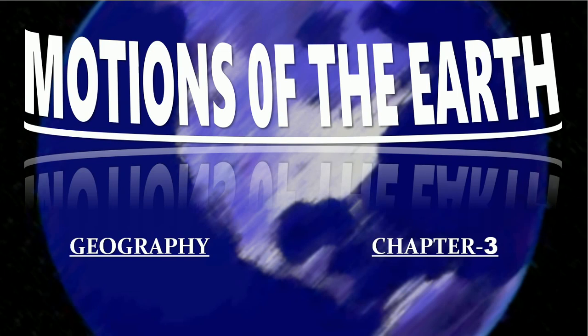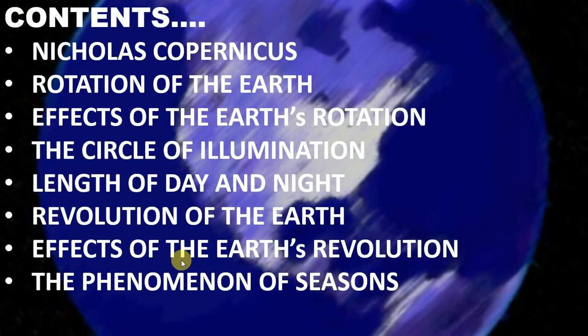Okay, and we call them by different names, so we'll be discussing those things as well. So let us see the contents. Okay, and then we'll start. So today we'll be dealing with the very fourth topic, that is the circle of illumination and the length of day and night.